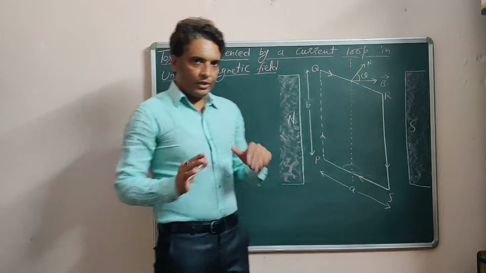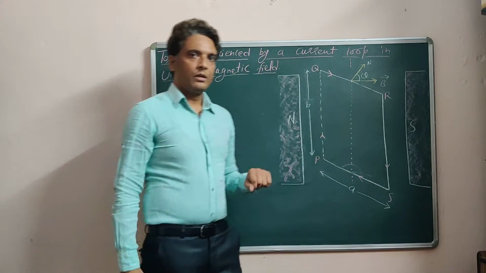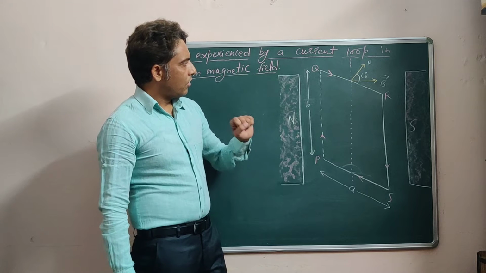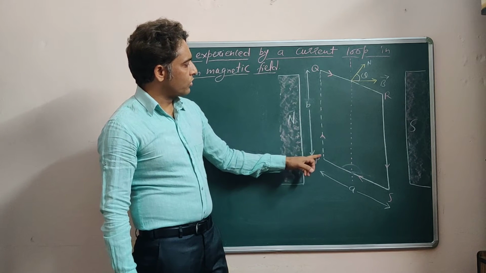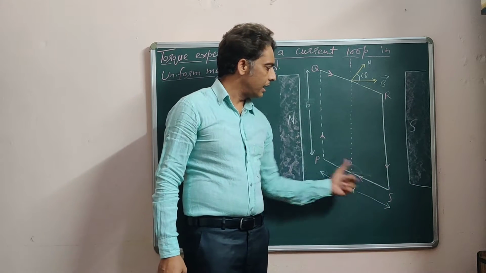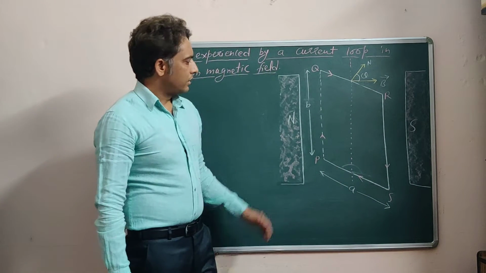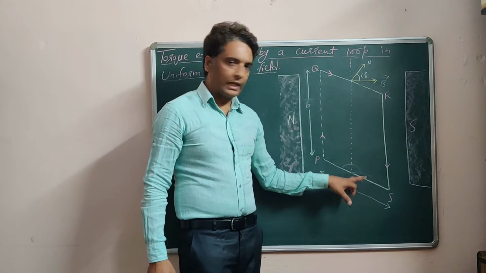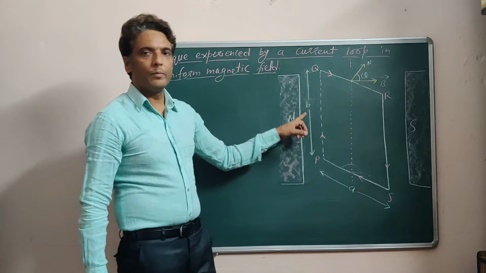Now we will find the force on these four portions PQ, QR, RS and SP. Here A is the length of the coil and B is the breadth of the coil.